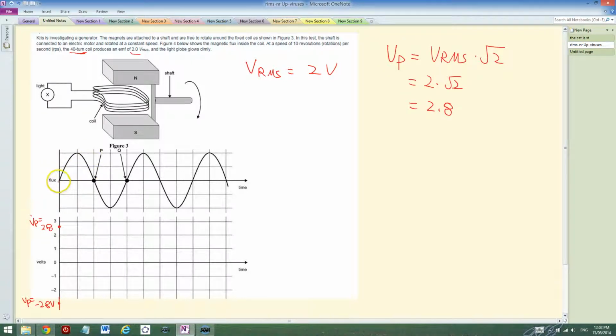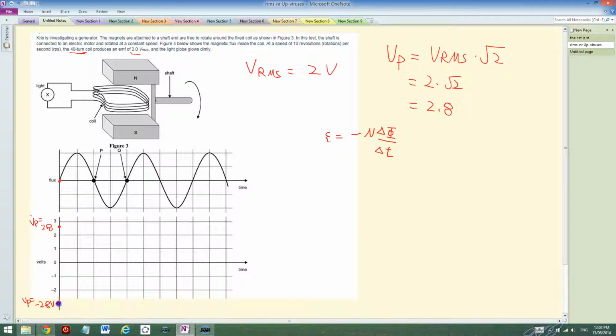Okay, initially, it's zero. Let me write it down here. So, the induced EMF is basically the inverse of the rate of change of the flux and time graph. So initially at this point, the rate of change is maximum positive, but with a minus sign in the front, it becomes a maximum negative.